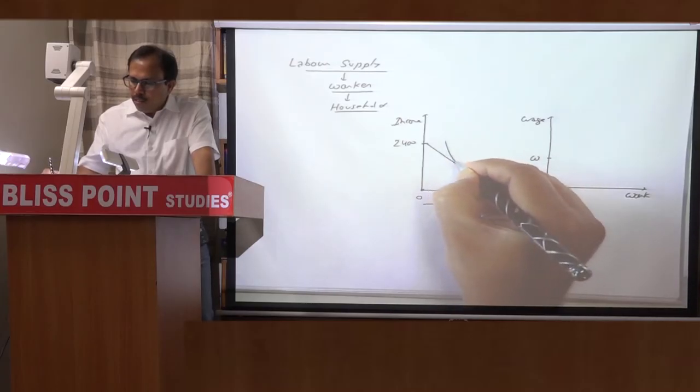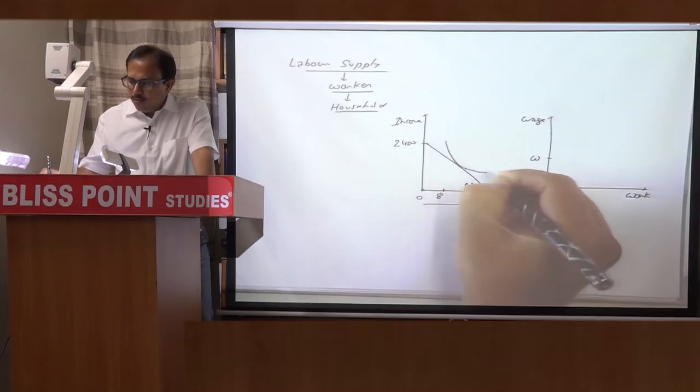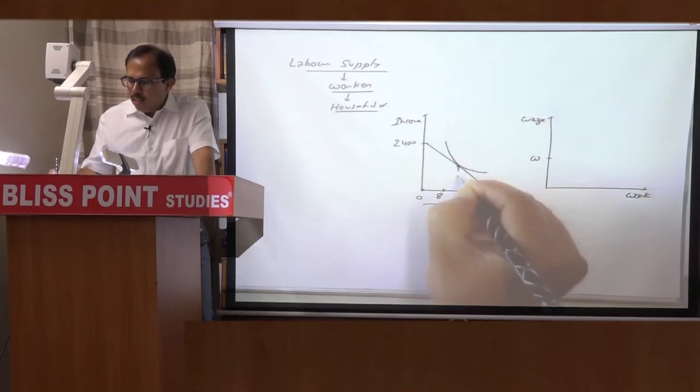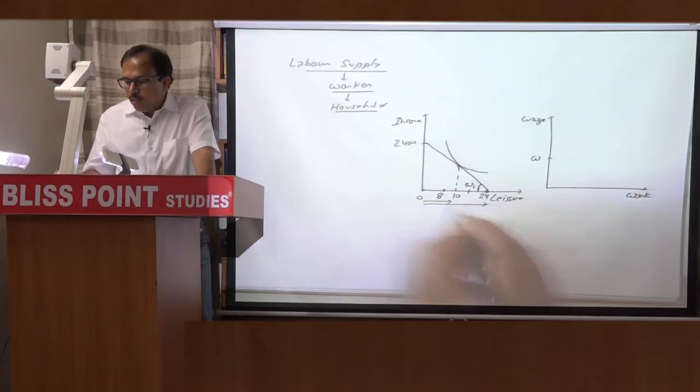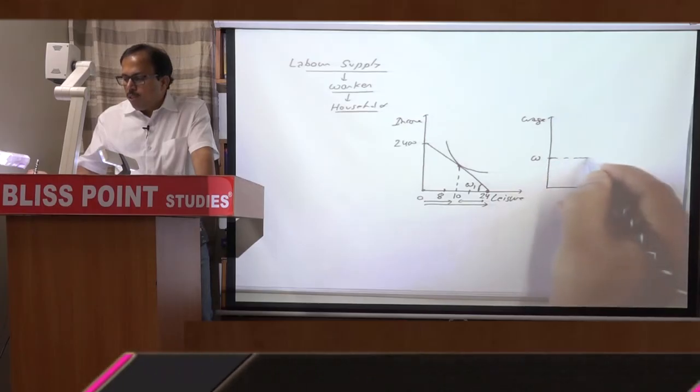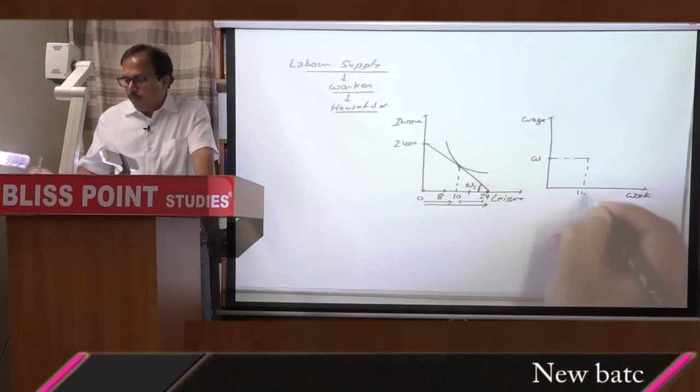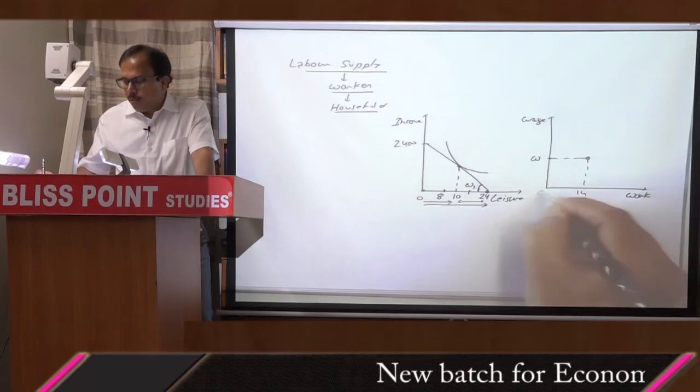So utility gets maximized. If I write it as 10, it means 10 hours used for leisure, so the remaining 14 hours used for work. So at this wage, 14 hours is used for work. These numbers are arbitrary.